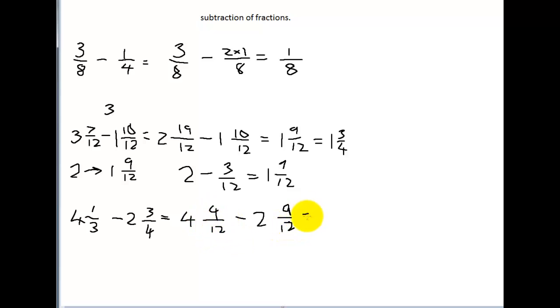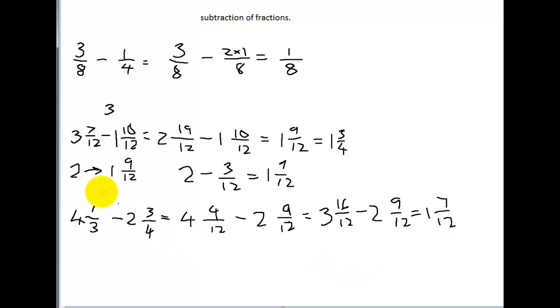So if you rewrite it again, you'd get 3 and 16 over 12 minus 2 and 9 over 12, which equals 1 and 7 over 12.